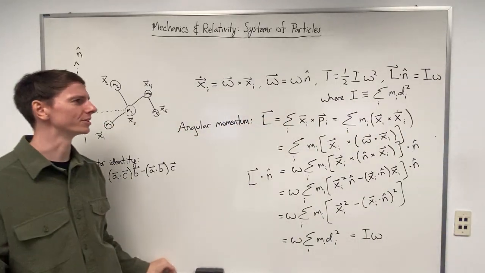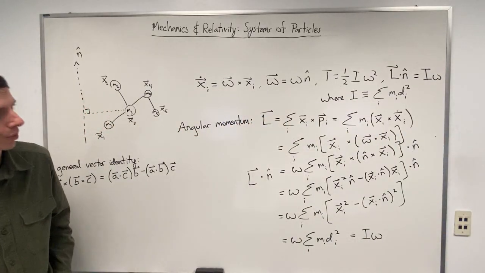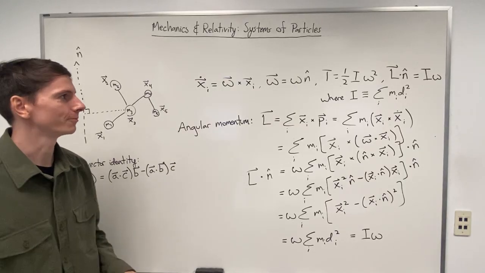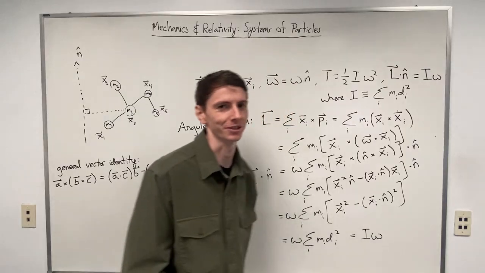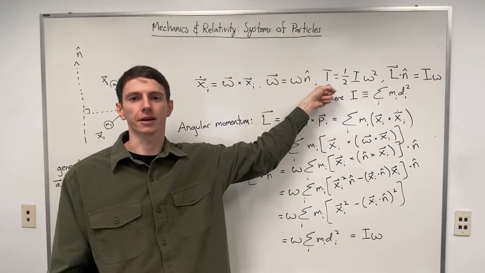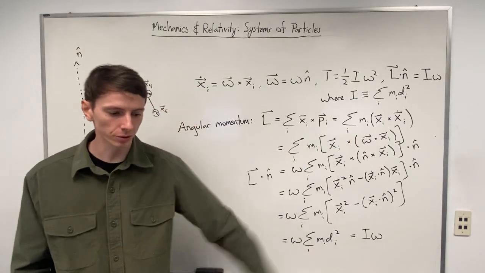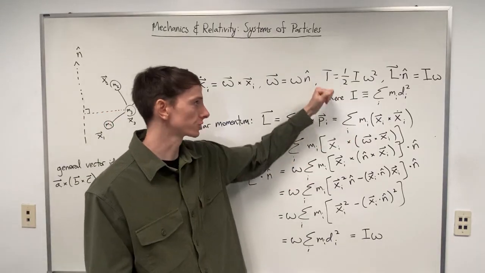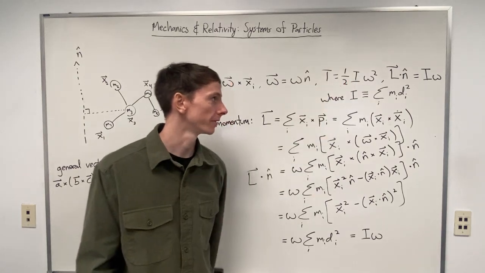So interestingly, this I quantity shows up in both of these things. To finish off the video, I just want to comment on this because it is kind of interesting. This is the rotational kinetic energy. The normal translational kinetic energy is 1/2 mv squared. The rotational one is 1/2 I omega squared.